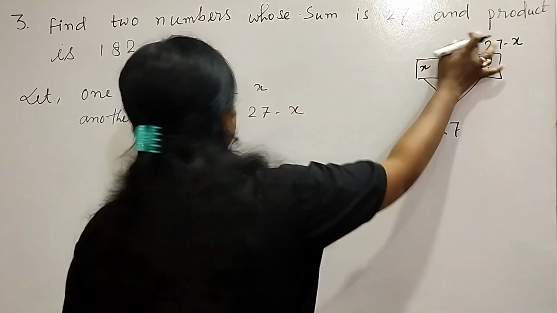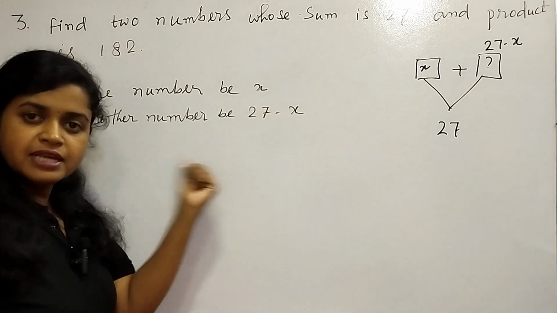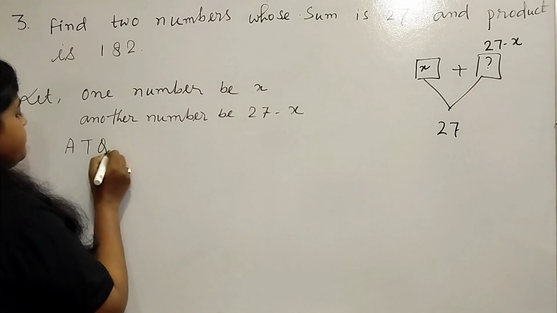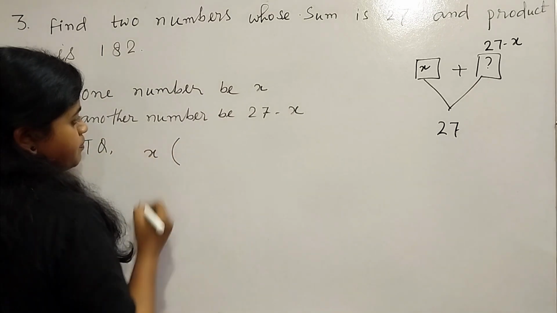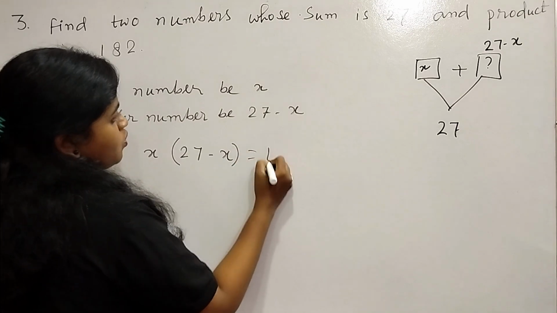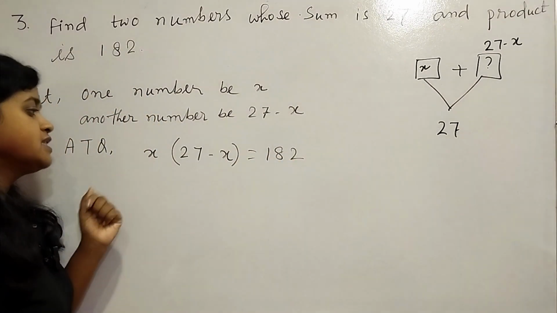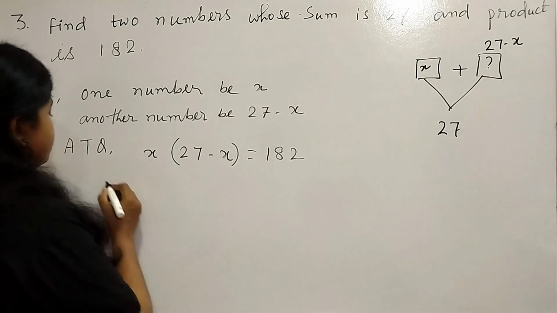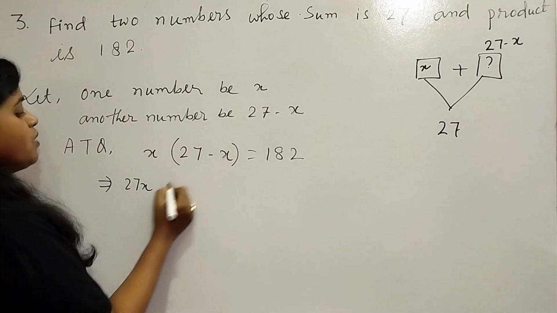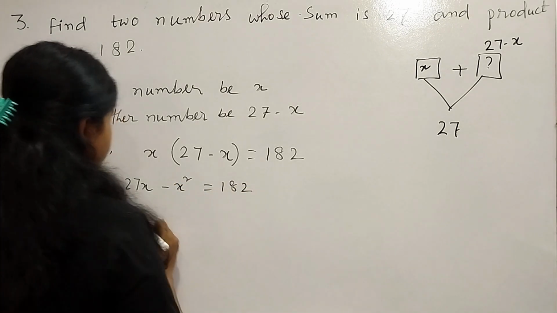Then the product is 182. The product of these two numbers is 182. So according to the question, x multiplied by 27 minus x equals 182. Clear? So this is the condition and then we have to simplify this. So x into 27 is 27x, x into x minus x square equals 182.